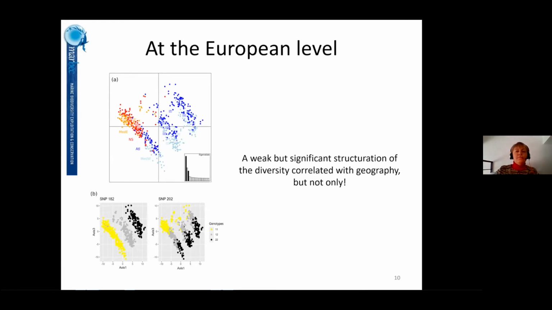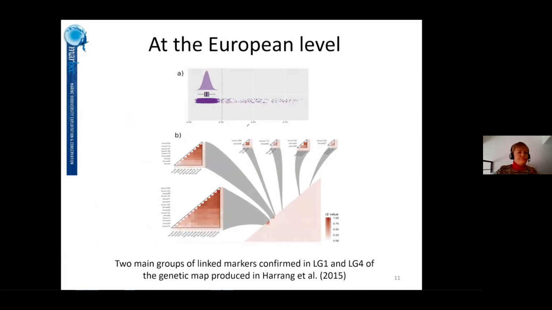So we decided to look at the linkage disequilibrium and the coefficient of correlation between pairs of markers. So here you have the coefficient of correlation between all the different possible pairs of markers. You can see that most of them are not linked, but sometimes you have high coefficients of correlation for pairs of markers.